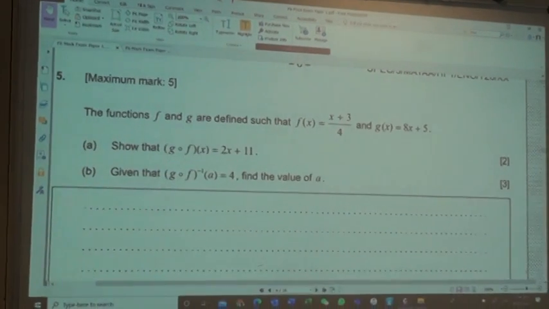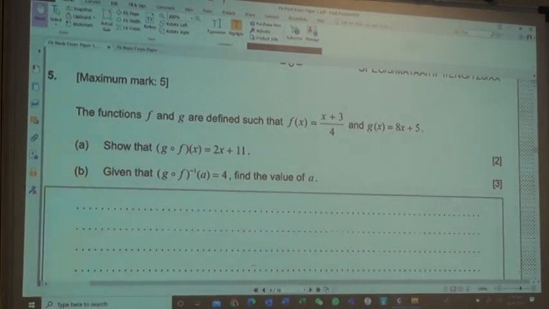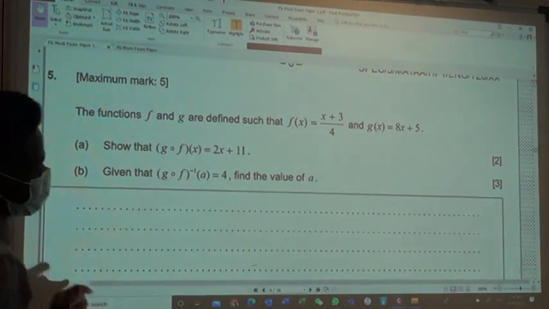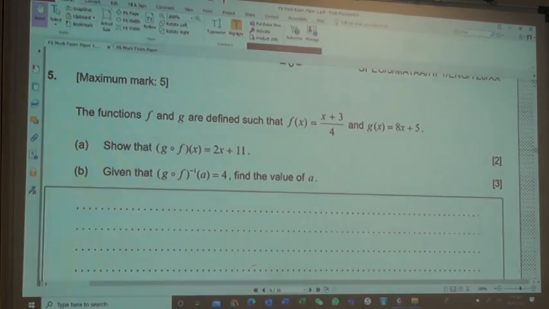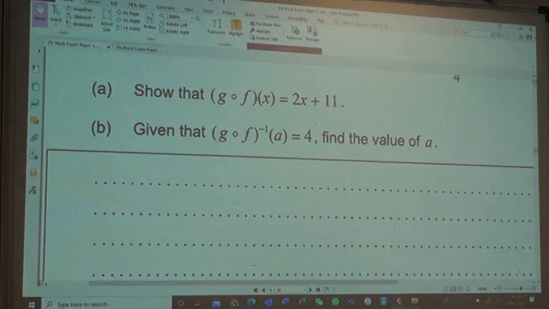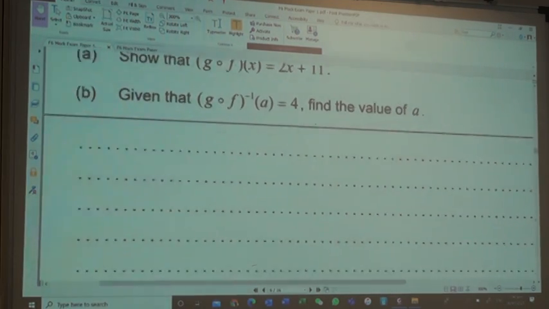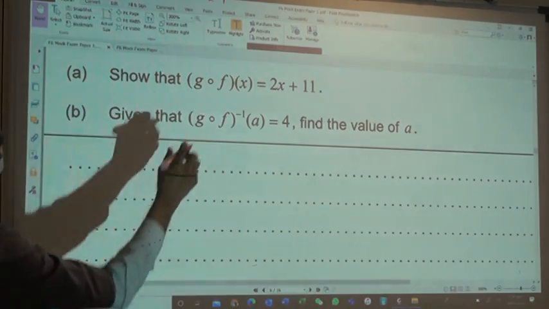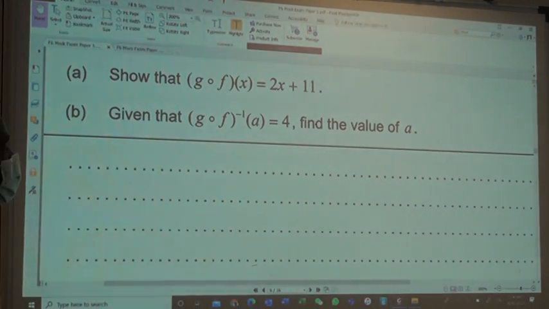Okay, we still have time, we can do this. We have this, we've talked about this before. G composed with f of x.